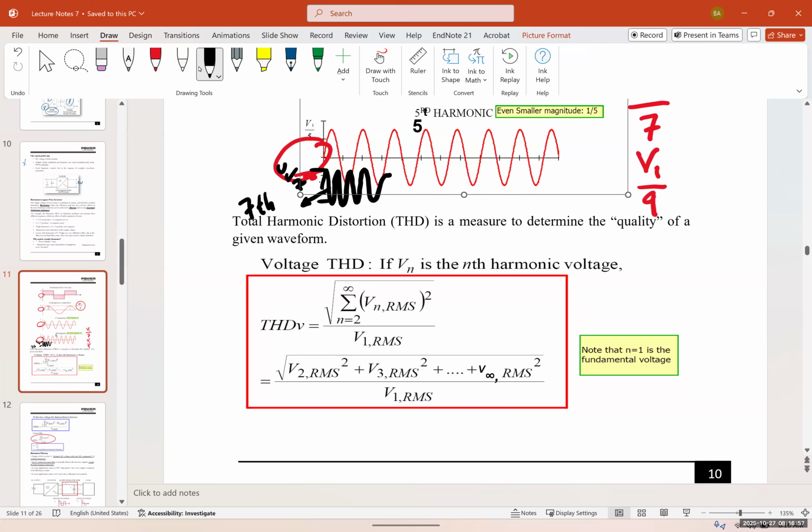So total harmonic distortion, or THD, is the measure to determine the quality of a given waveform. So in an exam, if I ask what determines and how do we measure the quality of the waveform, we do it by calculating the total harmonic distortion, or THD.